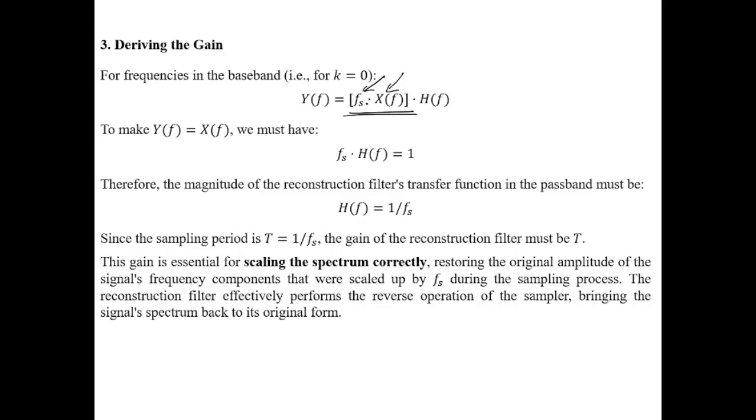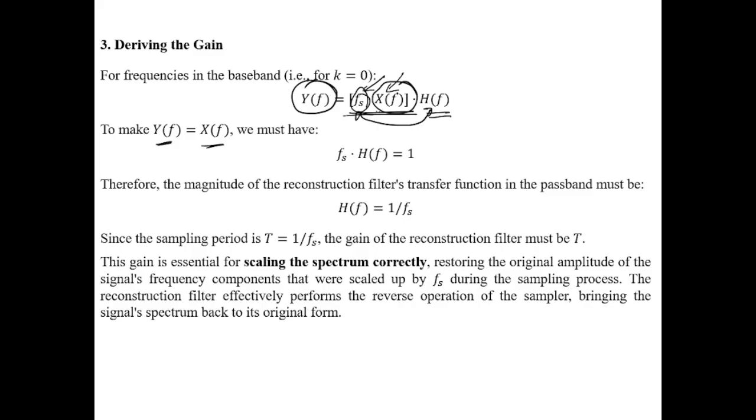So sampling frequency multiplied by this one multiplied by H(f). Now to make Y(f) equal to X(f), because it is the requirement, we will have f_s and H(f) should be equal to 1, because we want Y(f) equal to X(f).